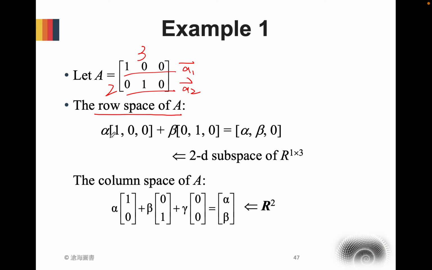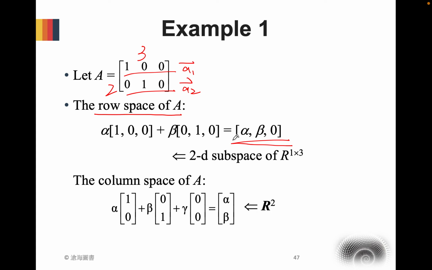The first entry would be alpha, the second entry would be beta, and the third entry would be 0. So the row space of A can be represented as alpha, beta, 0, where alpha and beta can be arbitrary real numbers.